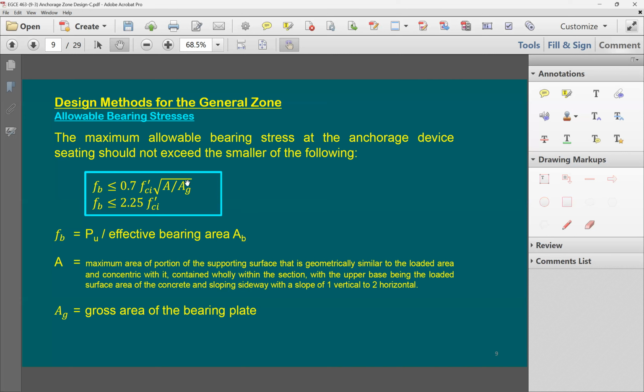This factor, usually, if you guys have done any base plate design, steel plate design, is going to have a maximum value of 2. Beyond 2, you can't really use it. Also, the maximum bearing stress is going to be within 2.25 times the square root of f'c.